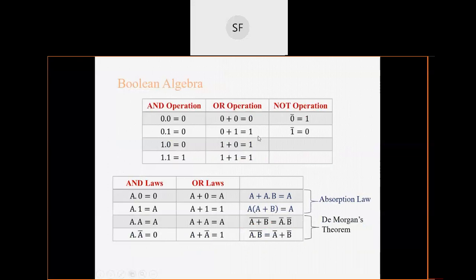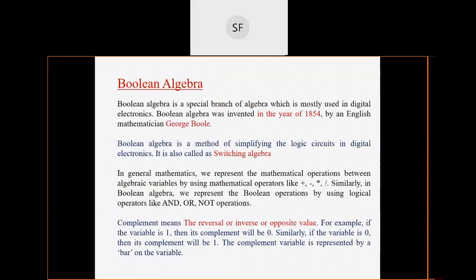In the switching action, we assume that 1 is nothing but on and 0 is nothing but off. So only two possibilities are there in Boolean, 0 and 1. Same thing you can observe in switching, there are only two possibilities, on and off. Hence Boolean algebra is also called switching algebra.